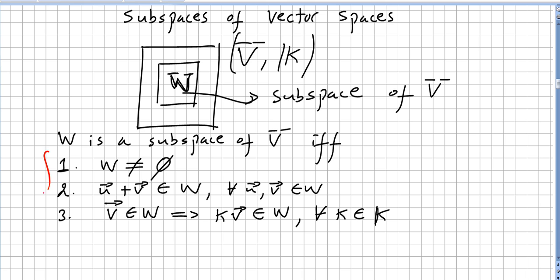If these three things happen, we say that W is a subspace of the vector space V.